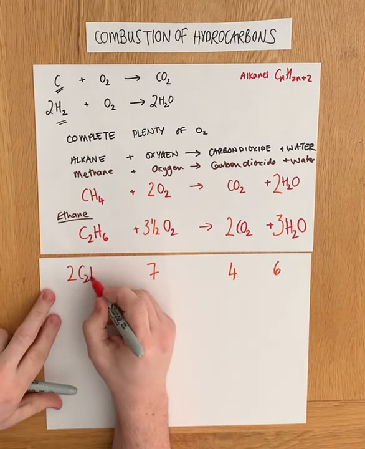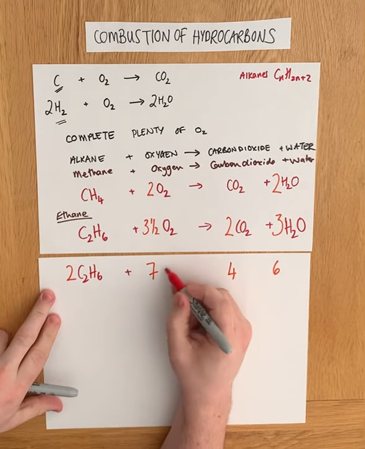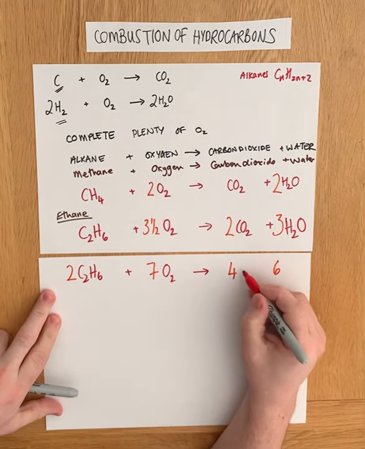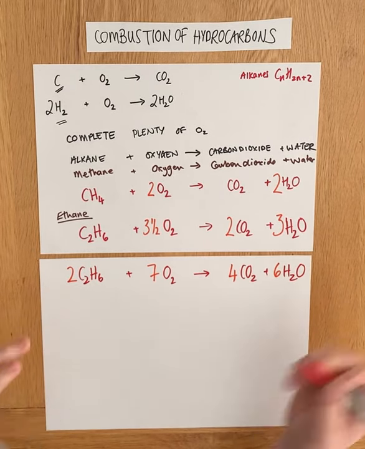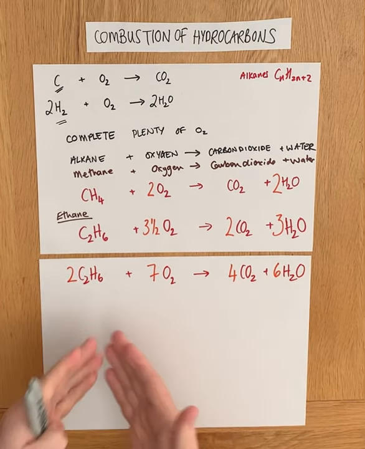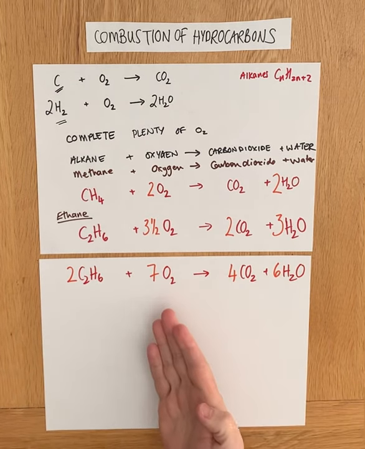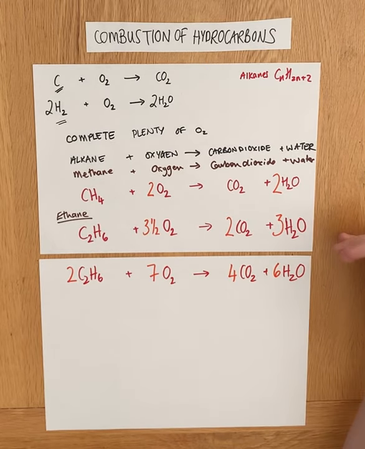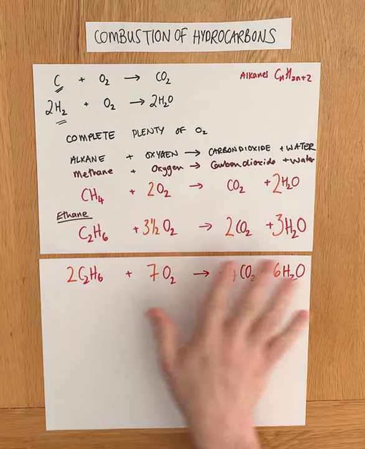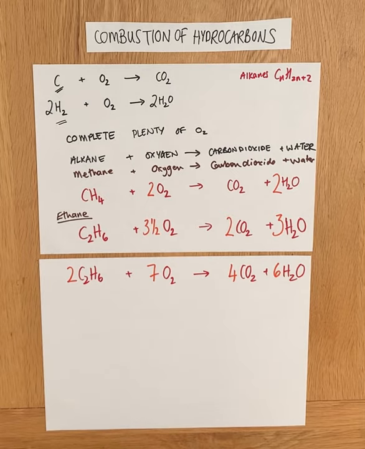So the whole number ratio for the complete combustion of ethane would be 2 ethanes plus 7 oxygen molecules makes 4 carbon dioxide molecules and 6 water molecules. Both are correct, they are both balanced, but you cannot round, because if you start rounding any of these numbers, you're not going to have the correct balancing.